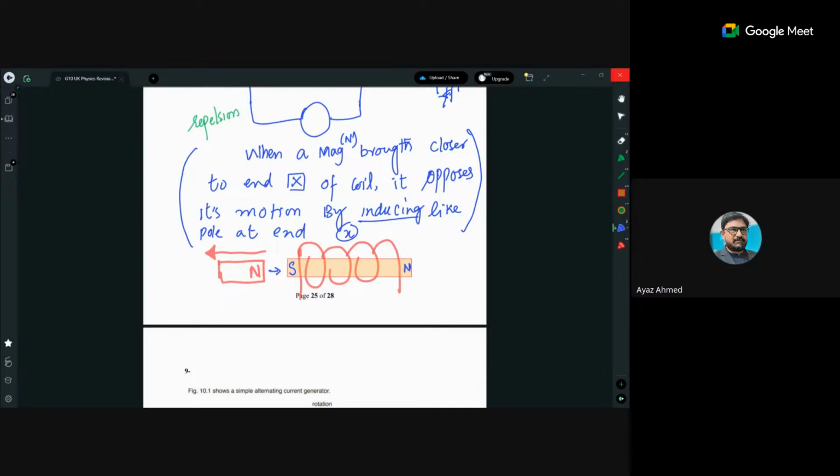And it will not let it go away. Are you getting my point? Yes. It means that now end x of the coil will produce, this is your end x of the coil and this is your end y. Now this x is south.